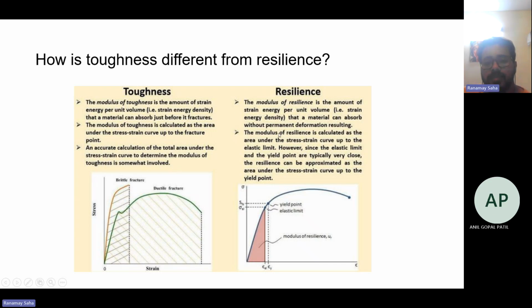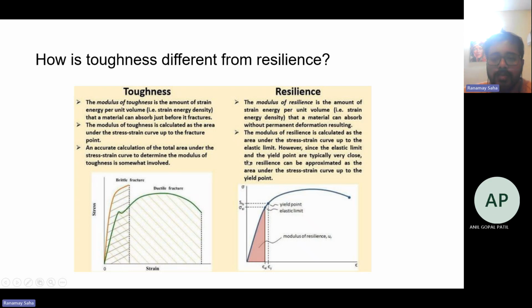And what about resilience? The modulus of resilience is the strain energy per unit volume, strain energy density, the material can absorb up to permanent deformation, only up to the elastic point, right? Modulus of resilience is calculated as the area under the stress strain curve up to the elastic limit.